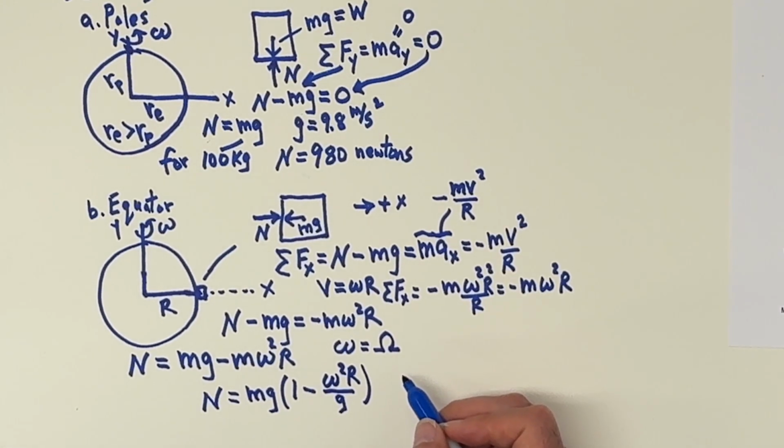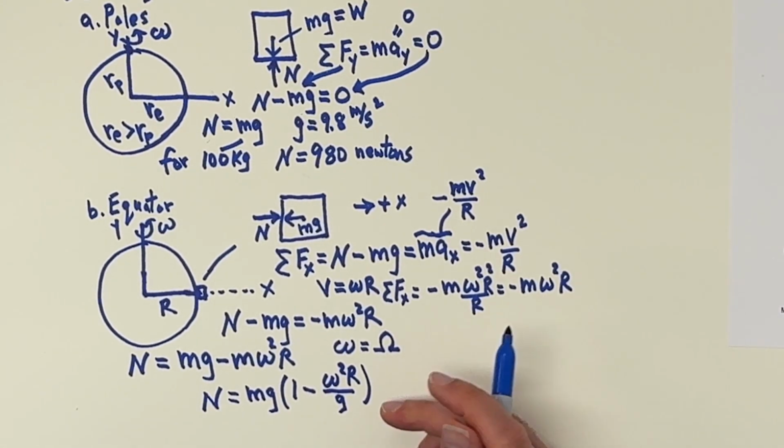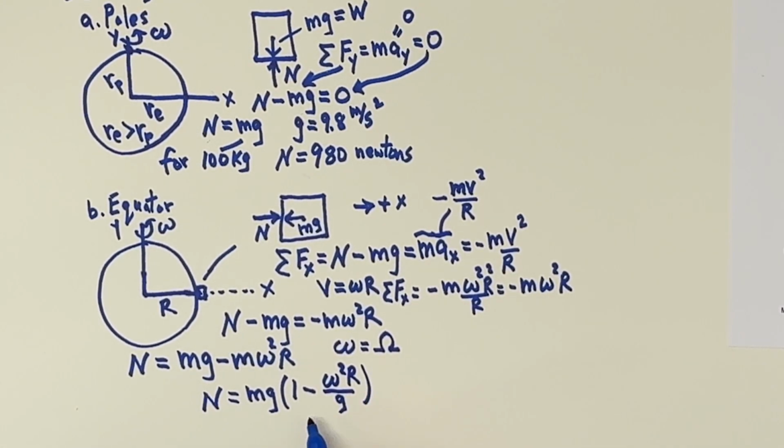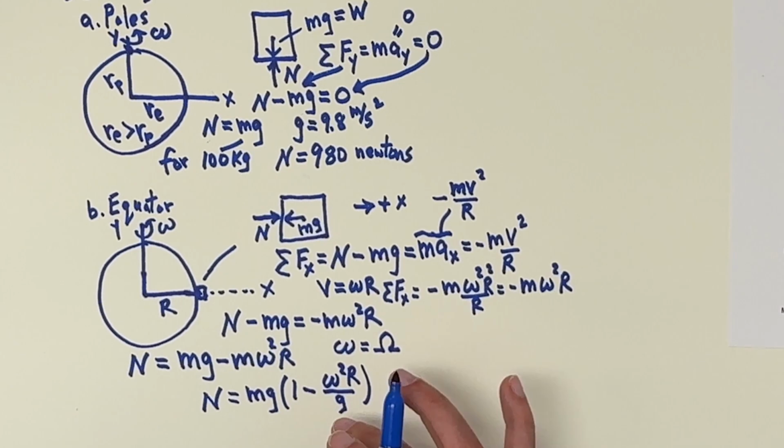You get m omega squared r. This is showing explicitly that the weight at the equator is a little less.